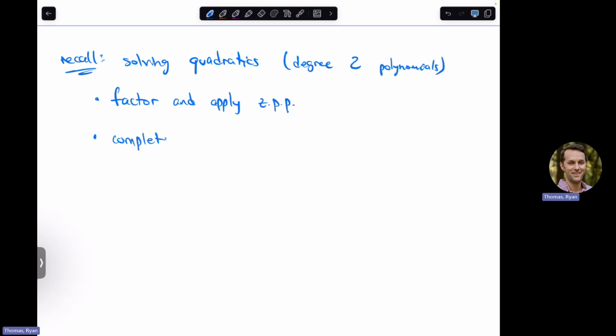We could complete the square and apply the square root property, right? Take a square root of both sides and you get a plus or minus, and then you work through the details.